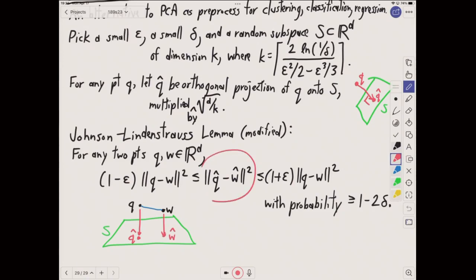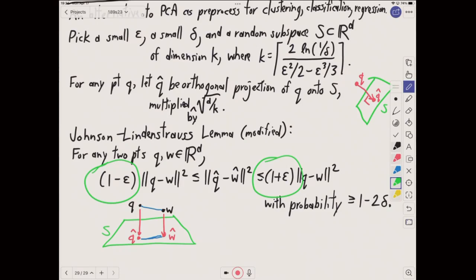And here in the middle, we're referring to the distance between those 2 projected points squared, the length of this line segment on S, squared. What we want to know is: is the bottom blue line segment a good approximation to the length of the top blue line segment? The lemma says that yes, it is, to within a factor of 1 minus epsilon or 1 plus epsilon. So epsilon is how much error might be induced in the length between those 2 points when you project them down.